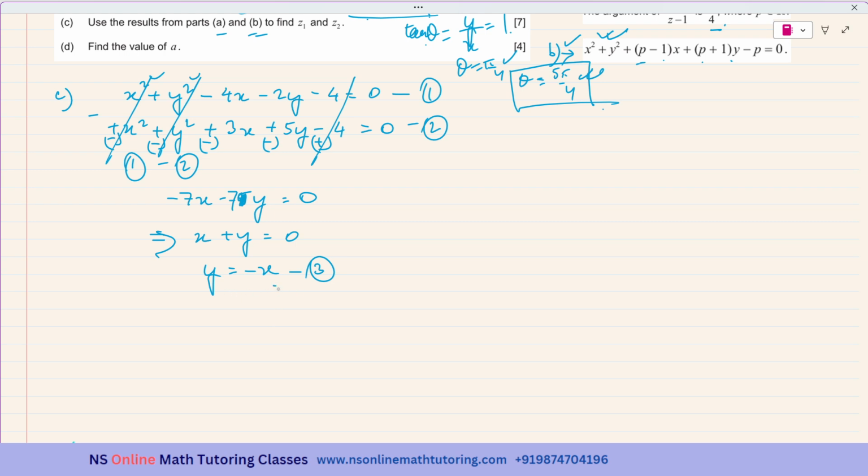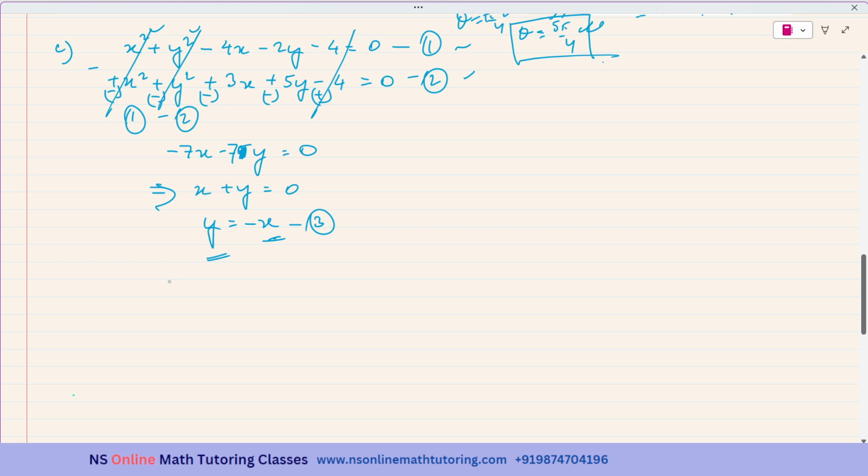If I substitute negative x in place of y in any of these two equations, I'll be getting an equation having a single variable. It will be a quadratic equation, so I can solve that. So let me take equation number 1. You can take equation 2 as well.